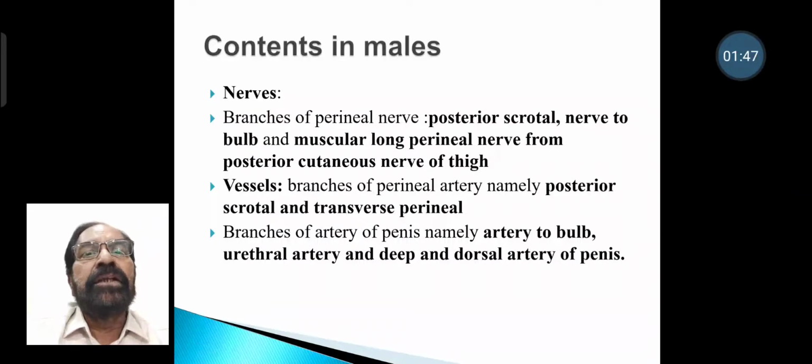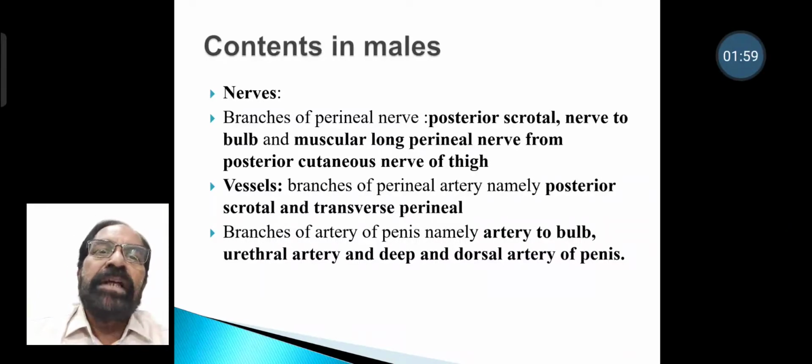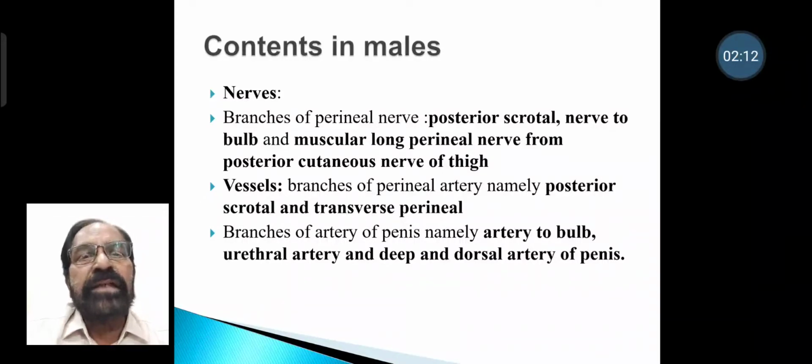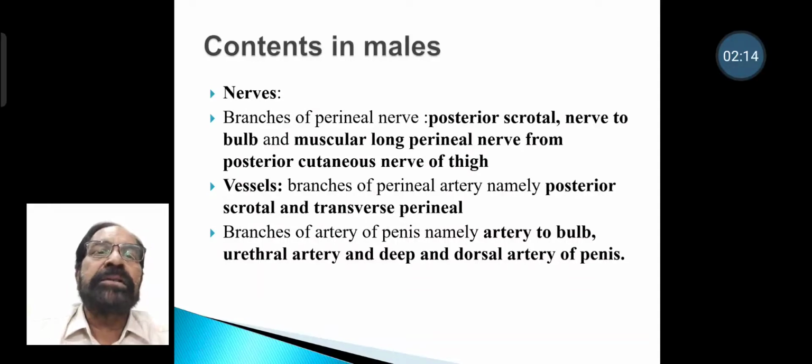Nerves include branches from the perineal nerve, which include the posterior scrotal, nerve to bulb, and the long perineal nerve from the posterior cutaneous nerve of thigh. Vessels include branches of the perineal artery, namely the posterior scrotal and transverse perineal, and branches of the artery of penis, namely the artery to bulb, urethral artery and deep and dorsal artery of penis.